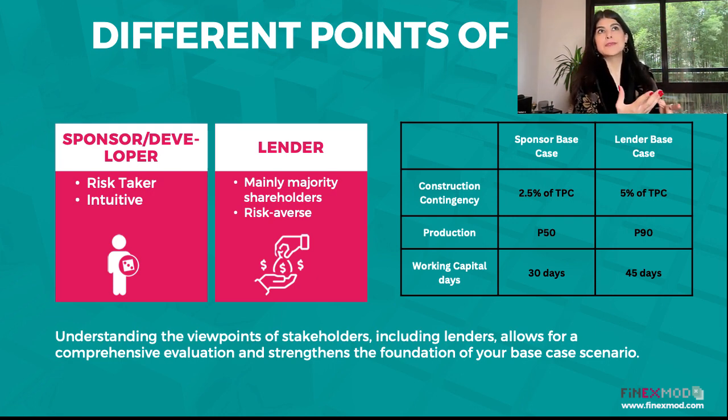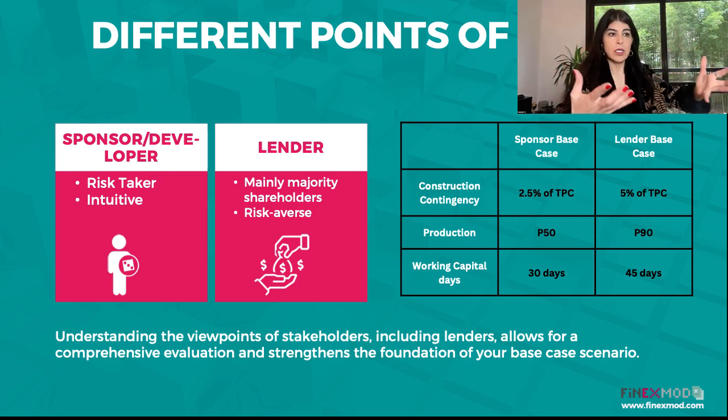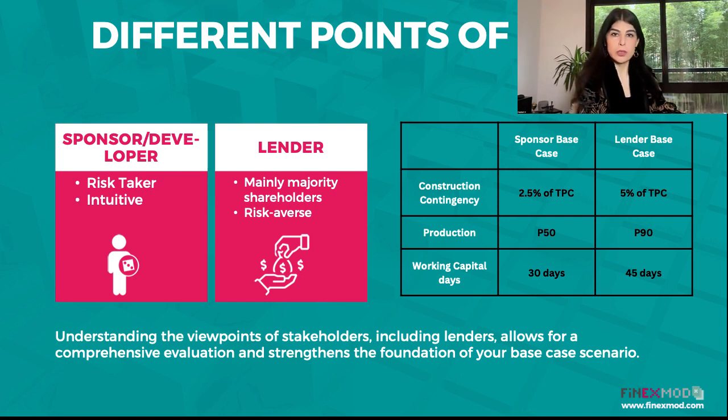For example, the debt sizing, and of course, it's their product. So when you're sizing your debt, when you're sculpting the debt, this is all done from the point of view of the lenders. Okay, so the lenders will tell the sponsors how they see the world. And based on how they see the world, they're going to structure the deal based on that.